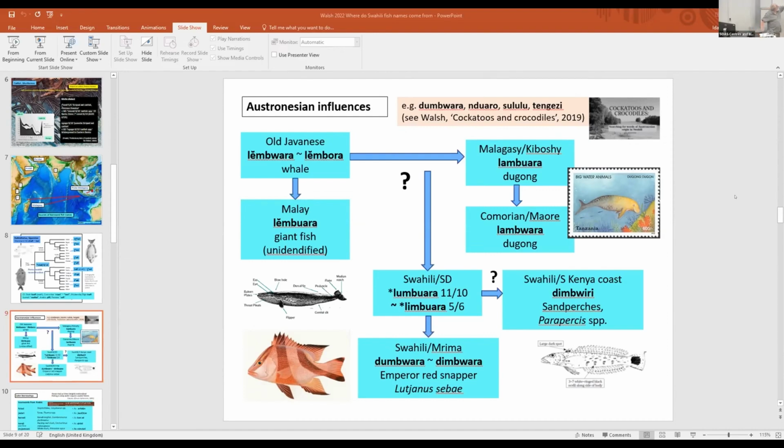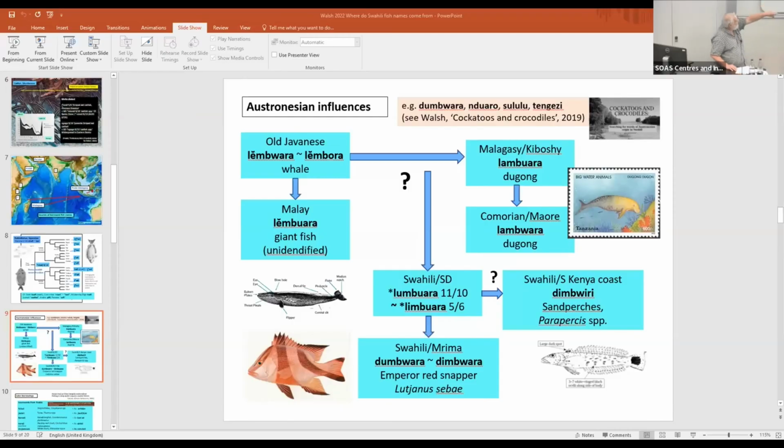And as it's coming to Swahili, the la bit at the beginning has been reinterpreted as though it were an old Swahili prefix, either Lumbwara or Li, the class 5 prefix, Limbwara. And that's how you would generate Dumbwara and Dimbwara. That's a proposal. It's not proven, but it looks quite strong.